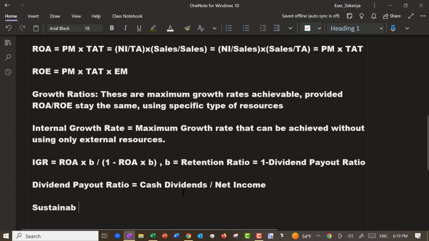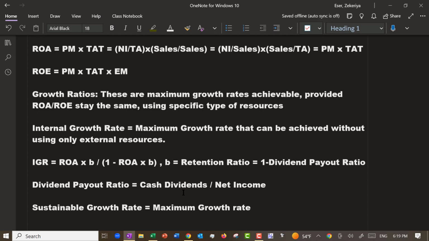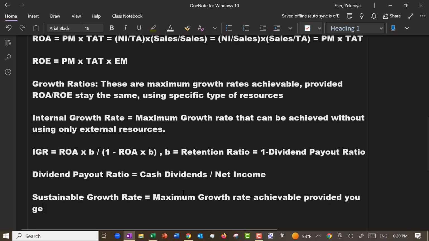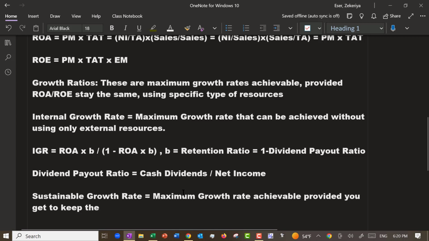Sustainable growth rate equals maximum growth rate achievable provided you get to keep the same debt equity ratio.